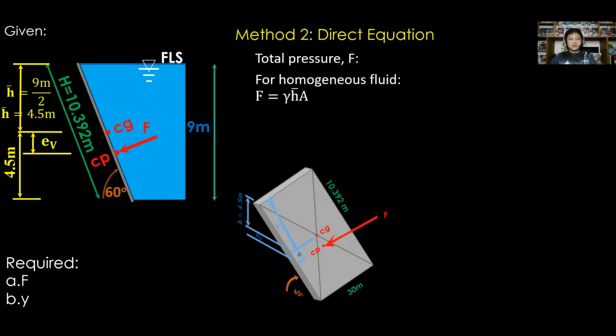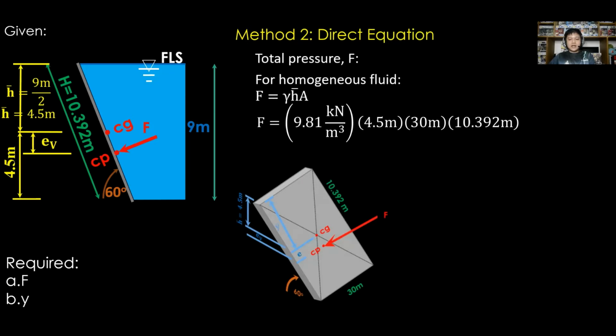That is, F is equal to gamma times H bar times A. Substituting values, we have gamma of water, that is 9.81 kilonewtons per cubic meter, times H bar, which is 4.5 meters. Then multiply by the actual area, that is 30 meters times 10.392 meters. F is equal to 13,763.049 kilonewtons, perpendicular to the surface of the dam.